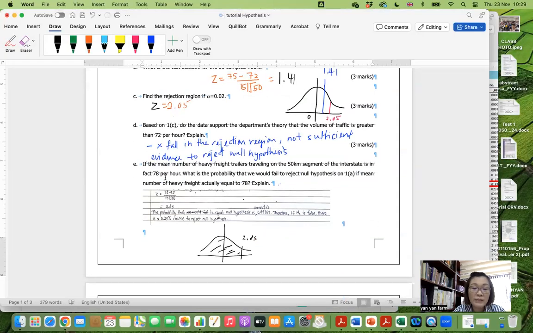For the E part, it's given that we have the new Y, which is 78. What is the probability that we will fail to reject the null hypothesis of 1A? We are still using the null hypothesis from the previous one. So we have 78 minus 72 and all the information above, and we get 2.83.